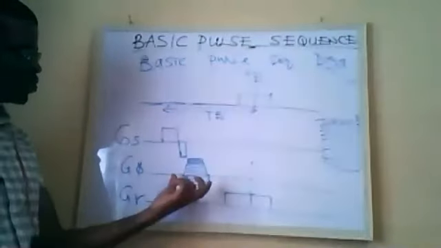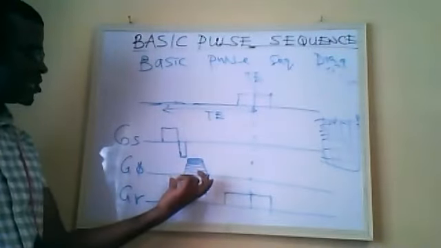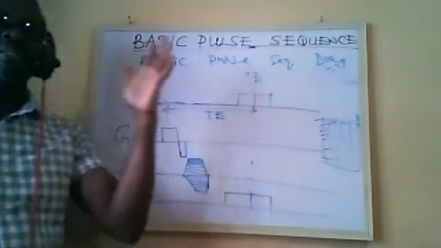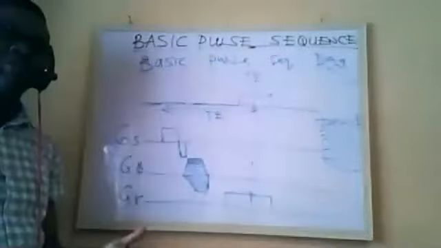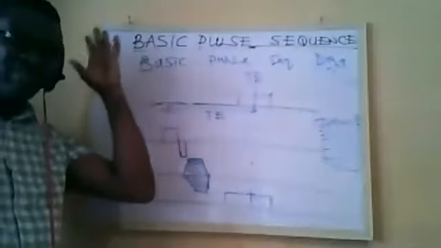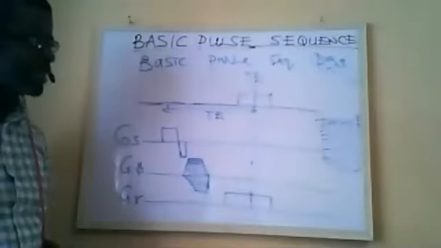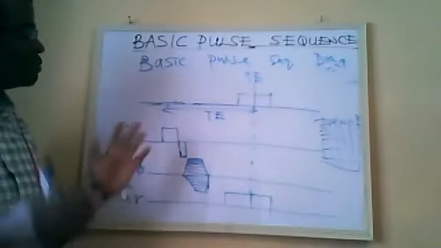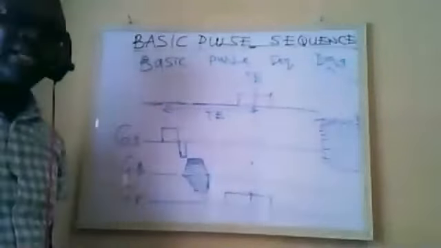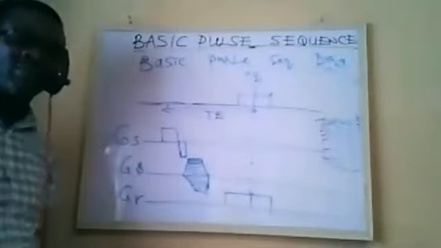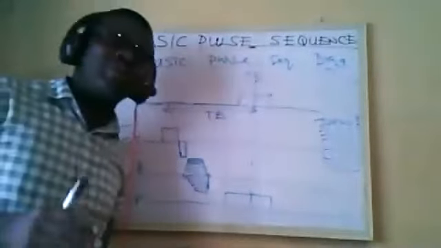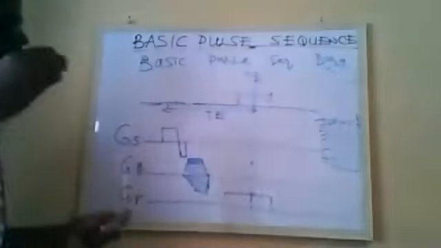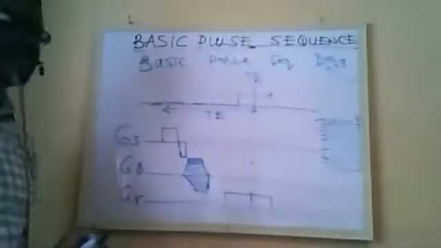Because if you don't turn it on, all the slices we have selected will have the same type of signal, the same operation going on in that slice. But that is not what we want to do. We want to be able to differentiate each particular point in this slice.